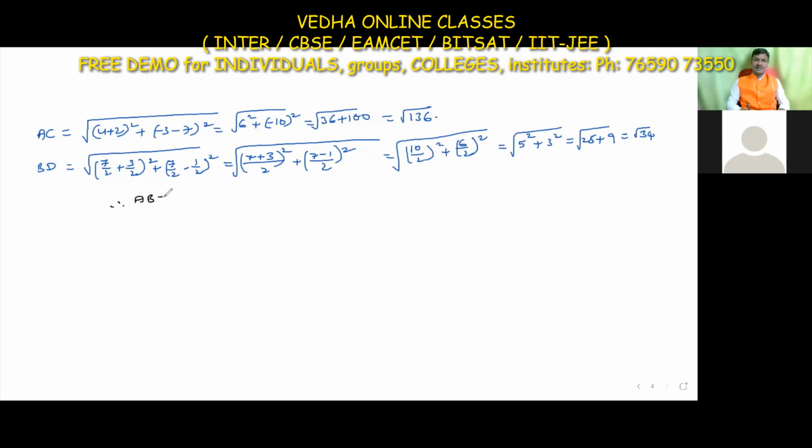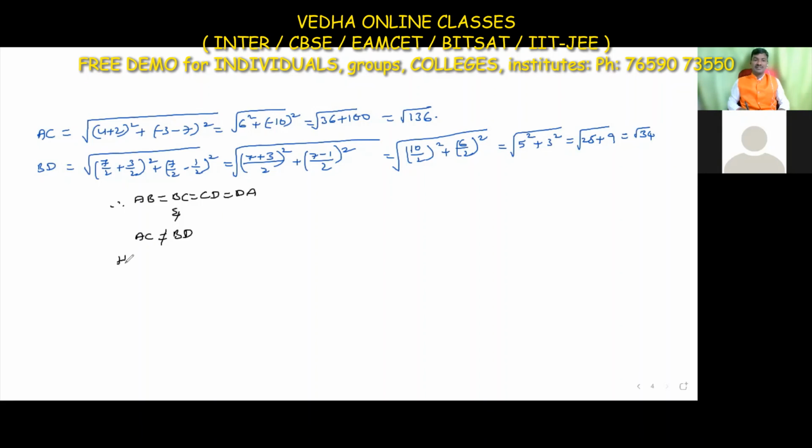So here all the distances AB, BC, CD, and DA are equal, but the diagonals are not equal. So AC is not equal to BD.